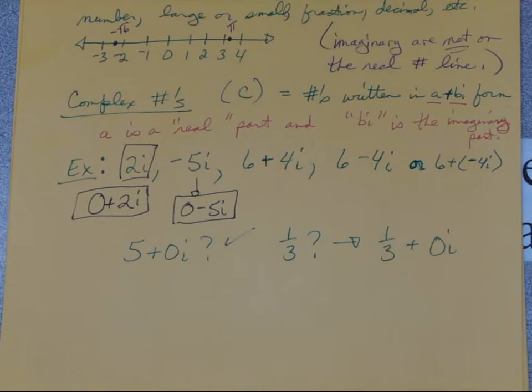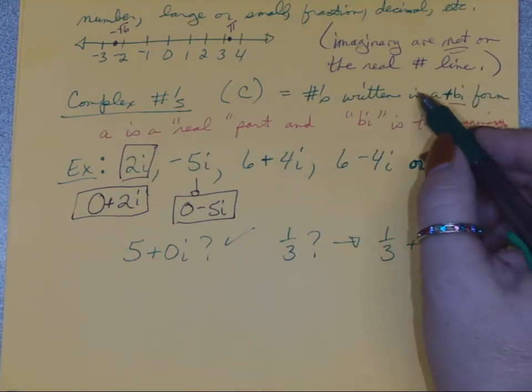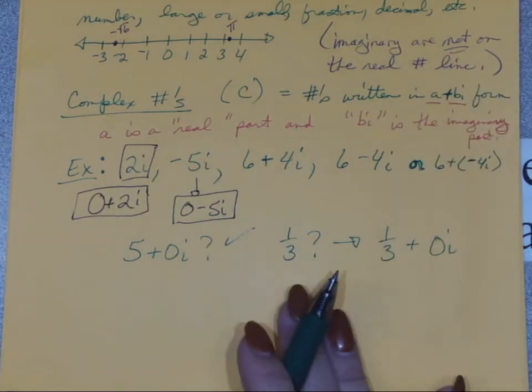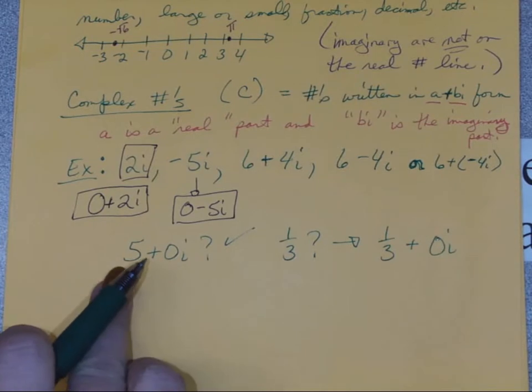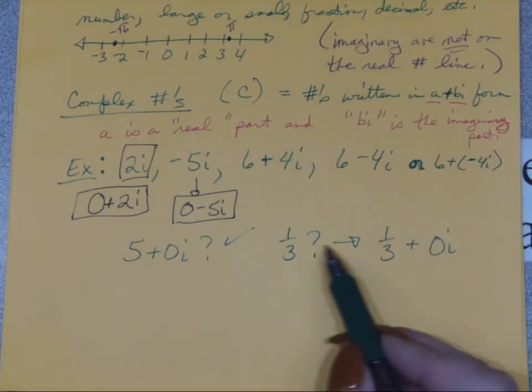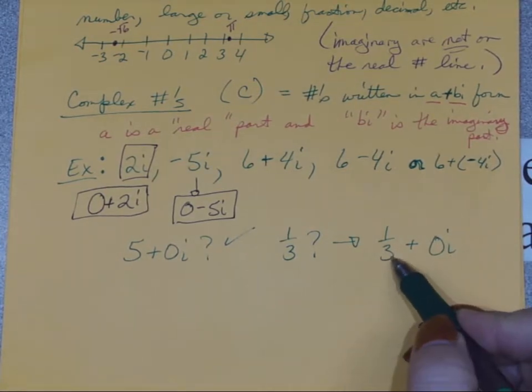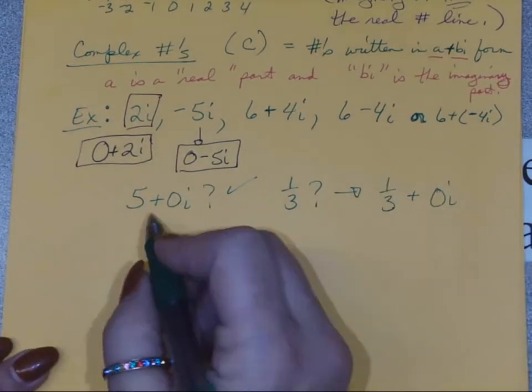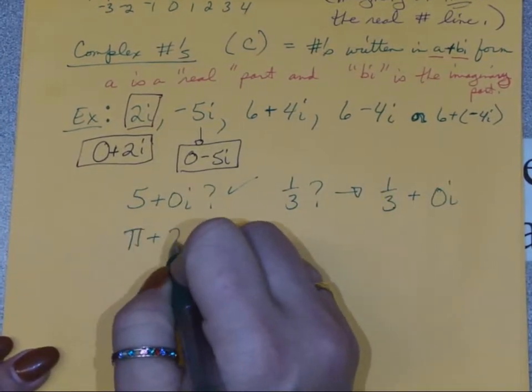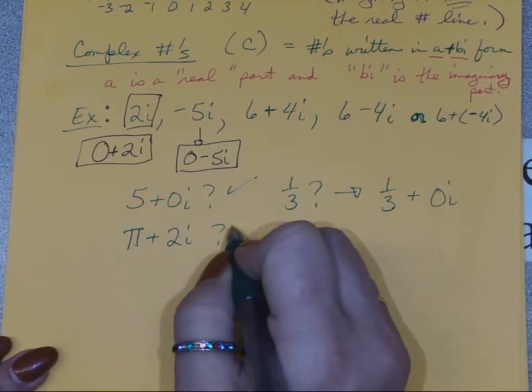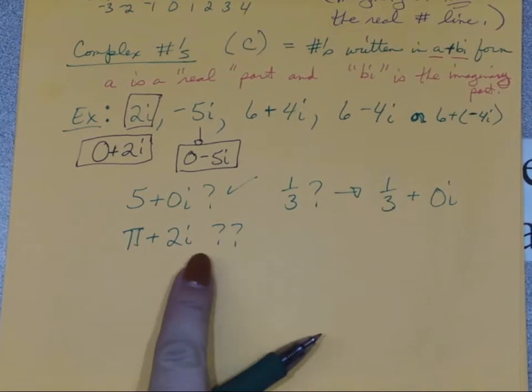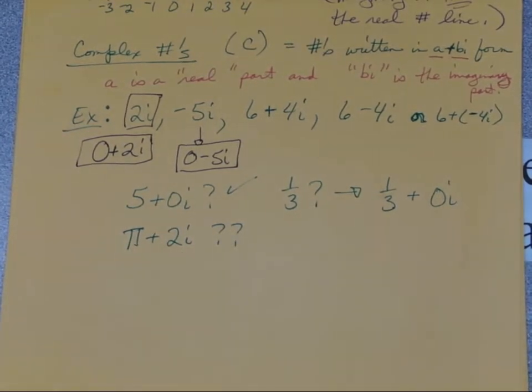So what that means is that complex numbers, while they incorporate these things, the A plus Bi formatting, they also include whole numbers. 5 was a whole number. Fraction numbers, right? Could I write pi plus 2i? Absolutely, right? You might see something like that in a pre-calculus course or in a calculus course.